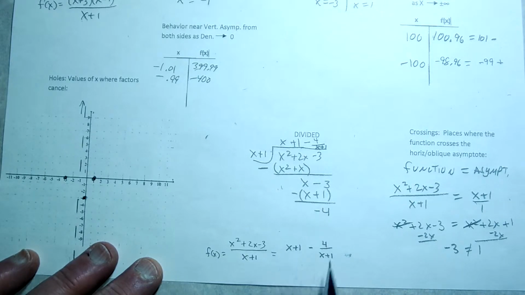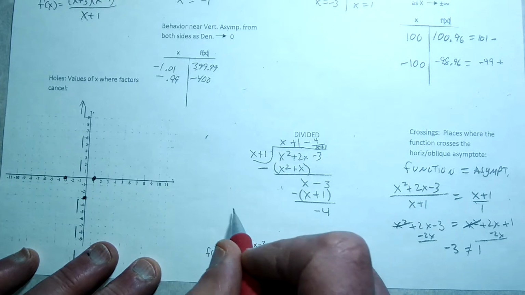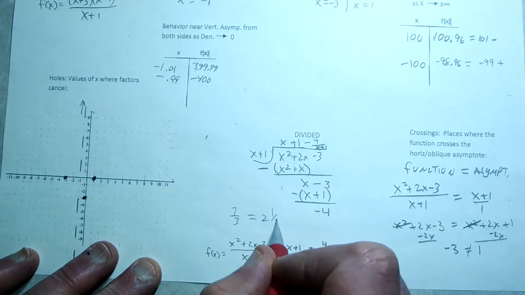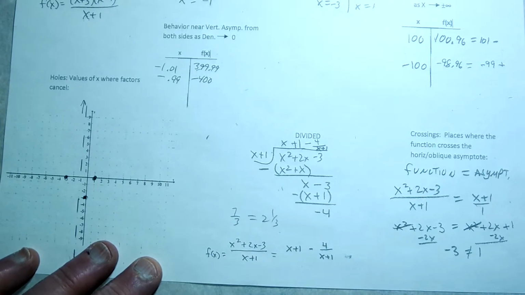It's just that this is in what is kind of like mixed number form. It's kind of like taking 7/3, an improper fraction, and calling it 2 1/3. It's still equal to it, right? But the advantage here is if values of x got really big in the positive or negative direction, this little fraction would go away pretty much.